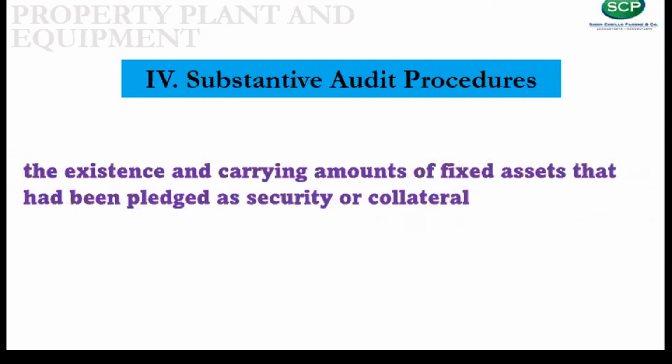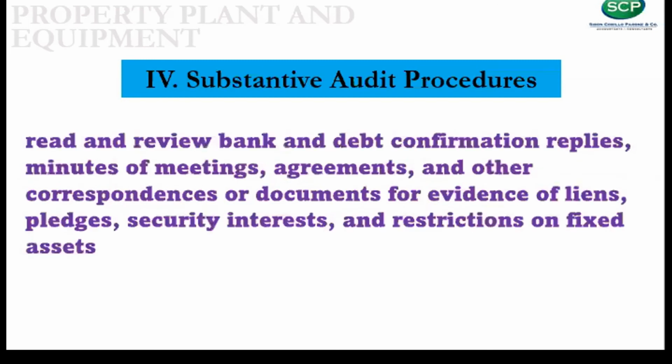Most of the required disclosures on fixed assets will be encountered by us during our testing of fixed assets. However, for the existence of any pledged fixed assets, we need to review and read bank and debt confirmation replies, minutes of meetings, loan agreements, and other correspondences or documents for evidence of liens, pledges, security interests, and restrictions on fixed assets.